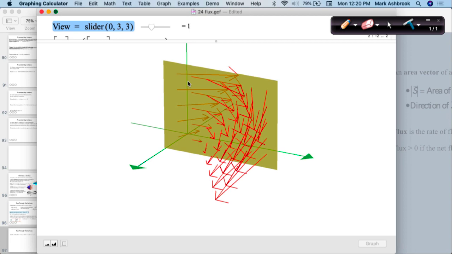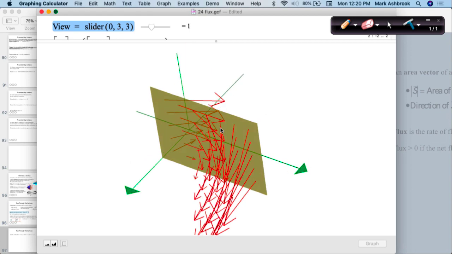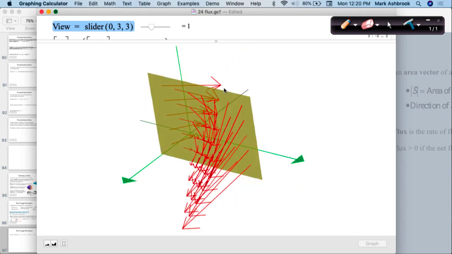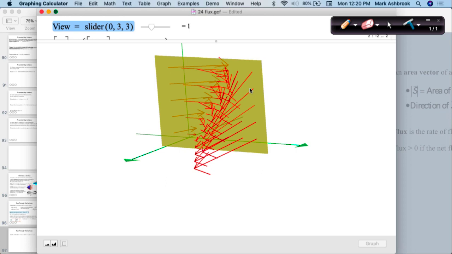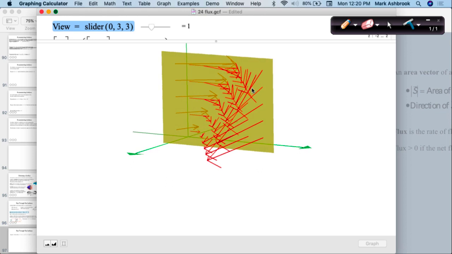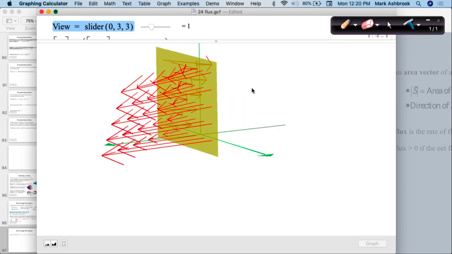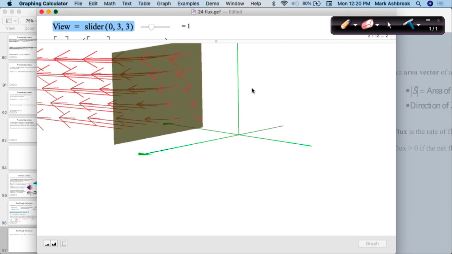And then for those vectors that are associated with the points of the surface, what are we interested in if we're interested in flux? Okay, the magnitude of them. Are we interested in all aspects of those vectors if we want flux?